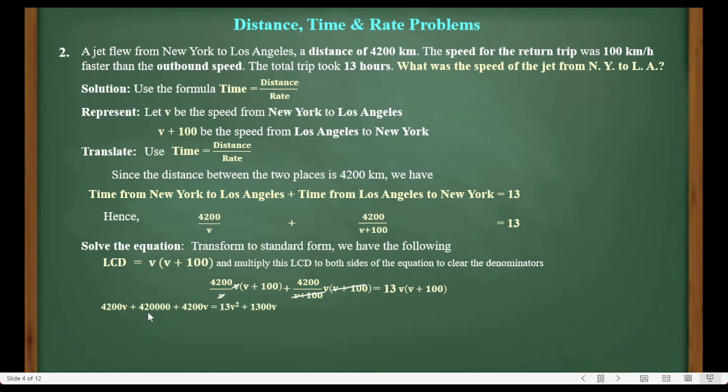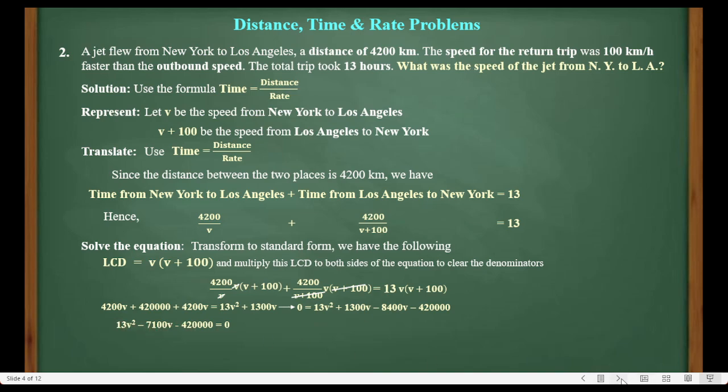4,200b plus 420,000 plus 4,200b equals 13b squared plus 1,300b. Now, we do some transposition of terms and combine similar terms. So we have now this quadratic equation expressed in standard form.